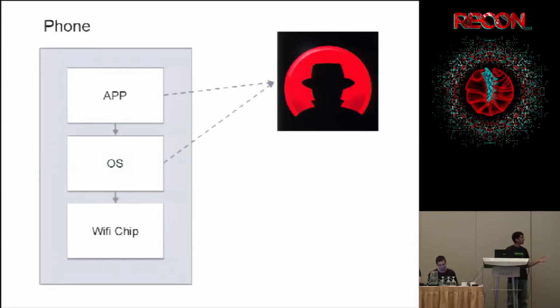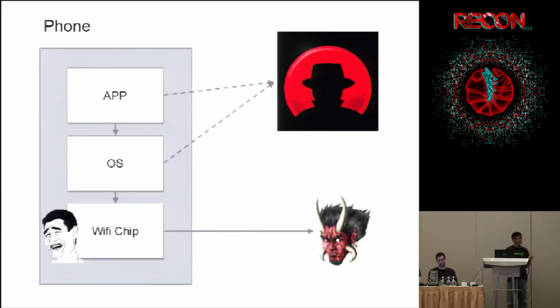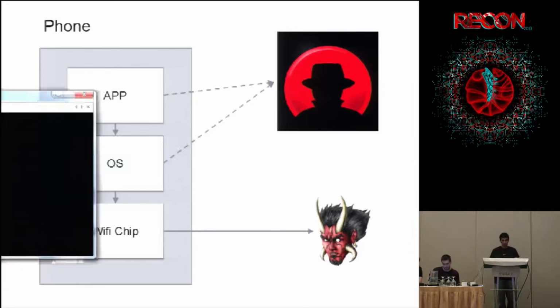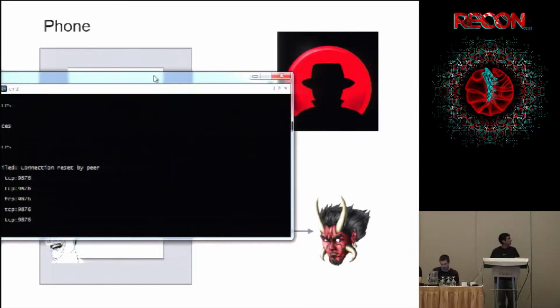And it sends the DNS packet down to the Wi-Fi chip, and the Wi-Fi chip then does whatever it wants with it. Our POC does exactly that. It sends DNS packets to our server and allows us to divert whatever part of the traffic that we want to our own servers.